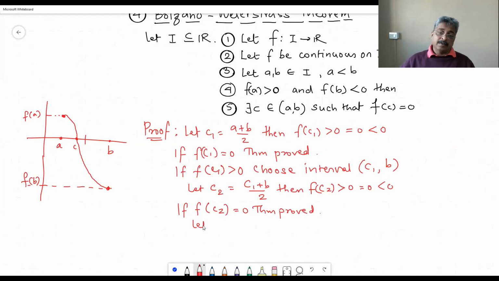If f of C2, let us take, is less than 0, choose interval C1 C2, and so on.